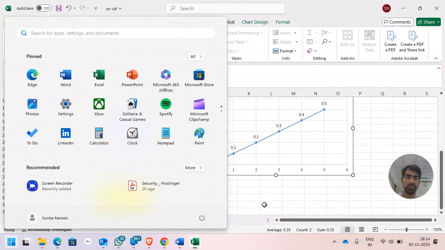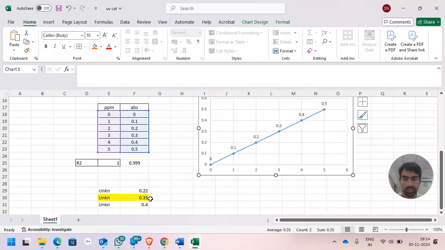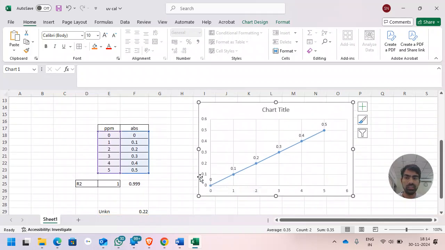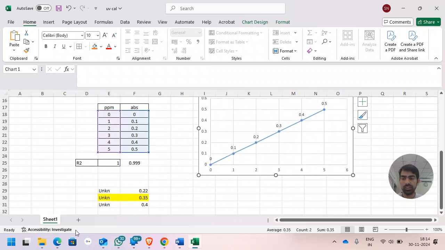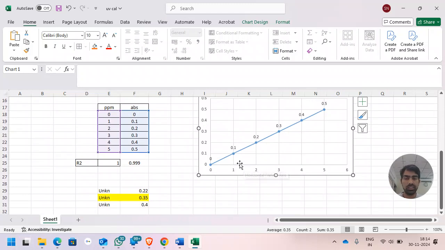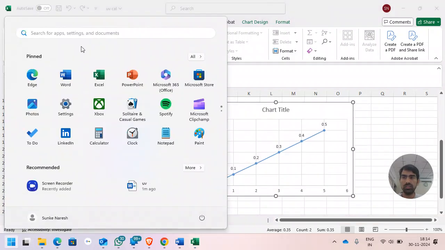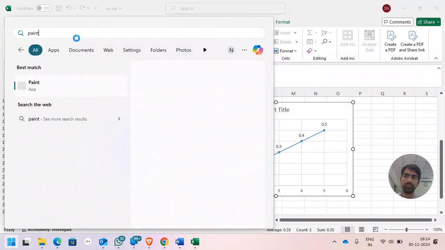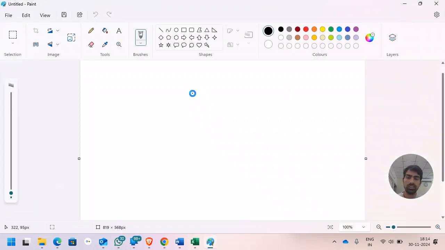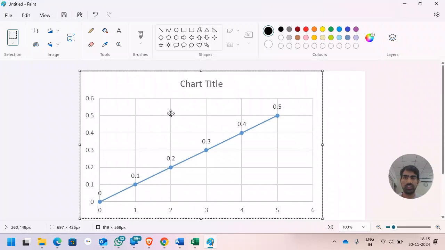Okay, how does the instrument calculate the unknown sample? We can also do that by plotting a linear graph, like when we were in 10th standard. I'll show you how the instrument calculates the unknown value. I copied this graph and pasted it in Paint. This is absorbance and this is standard concentration, 2 ppm, 3 ppm, 5 ppm.